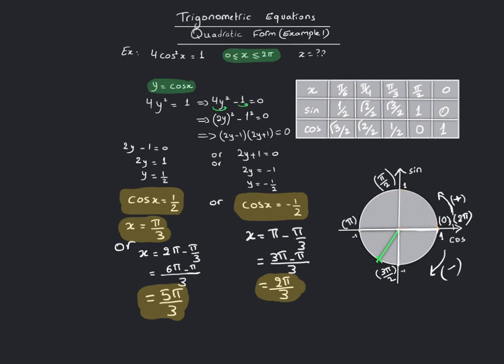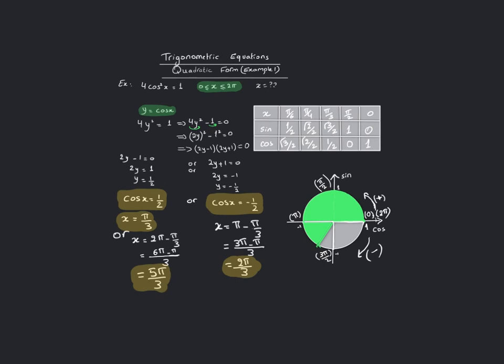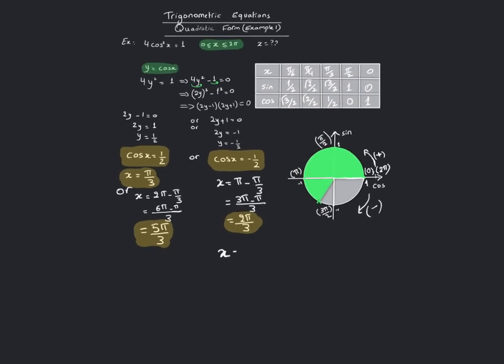Now, the second angle, also using the positive direction, will be pi plus pi over 3, because here I'm still in the same positive direction. Let me write this angle. Or x equals pi plus pi over 3, which is equal to 3 pi plus pi over 3, which is equal to 4 pi over 3.